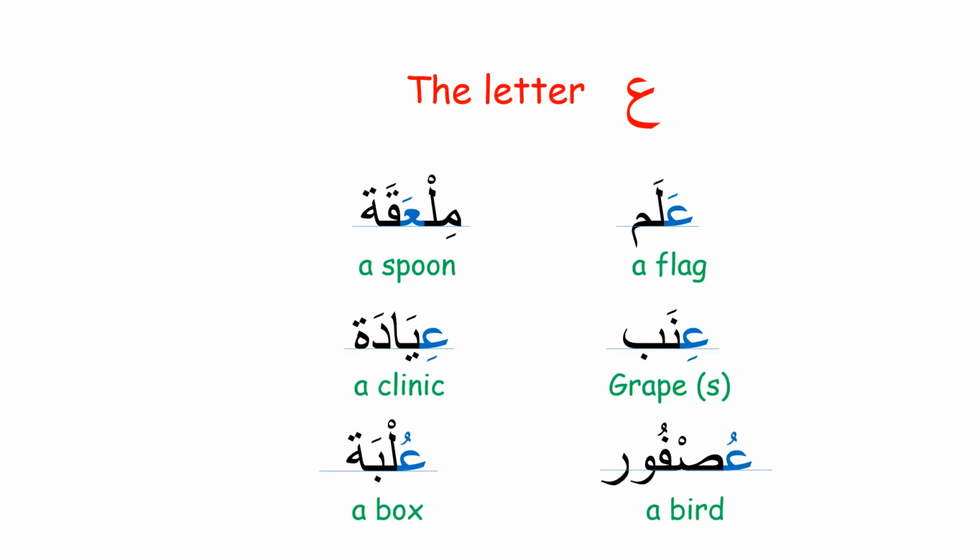Right. Now, as we move on to the short vowels فتحة, كسرة, and ضمة, all of these attributes just mentioned won't be as remarkable. I will read all the examples at one go before moving on to the next letter. علم, ملعقة, عنب, عيادة, عصفور, علبة.